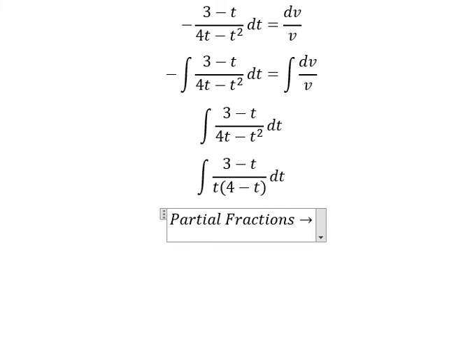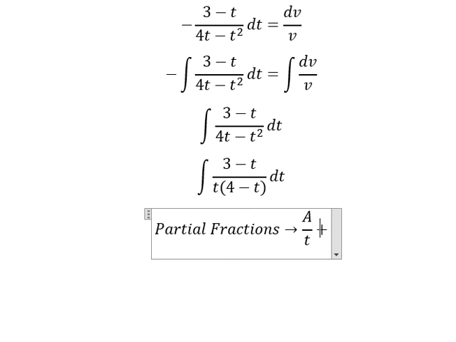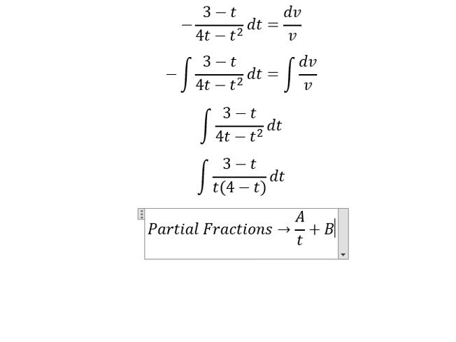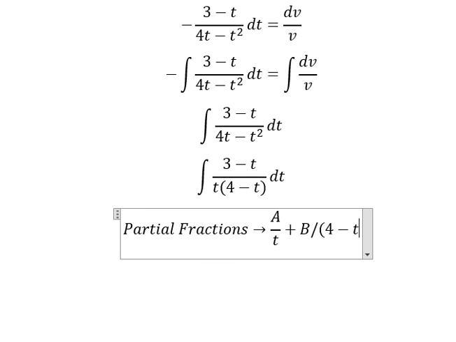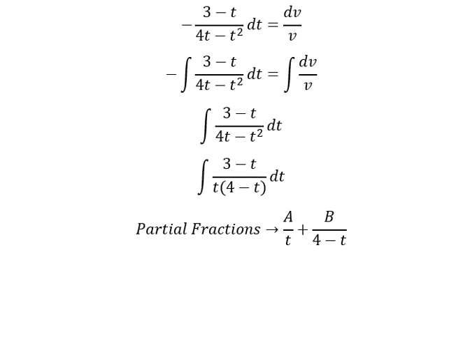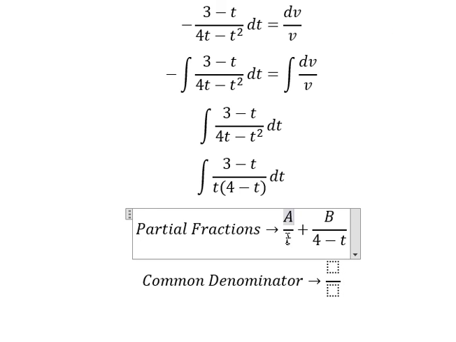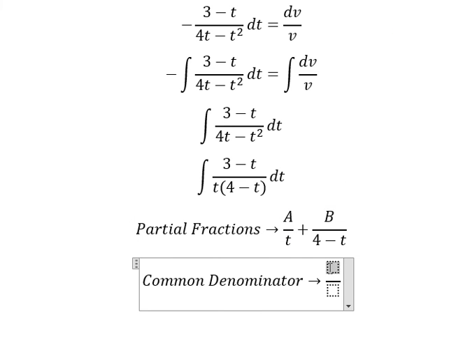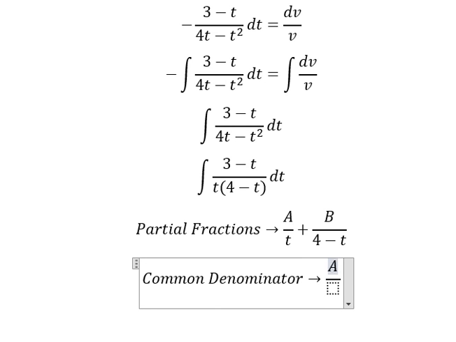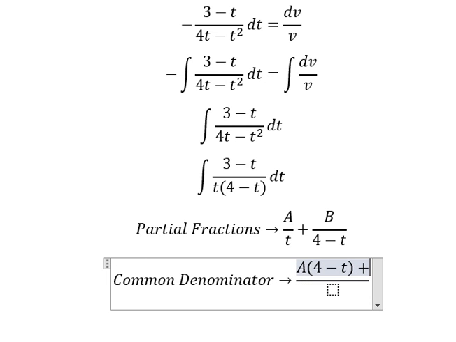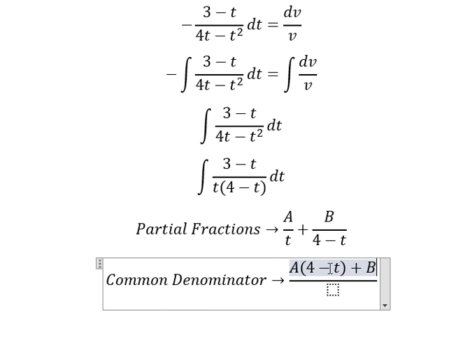So I will put capital A over t, capital B over 4 minus t. Next, we do common denominator. So this one, it is missing 4 minus t. So capital A multiplied by 4 minus t, capital B multiplied by t.